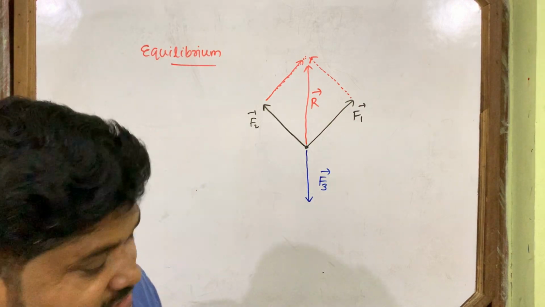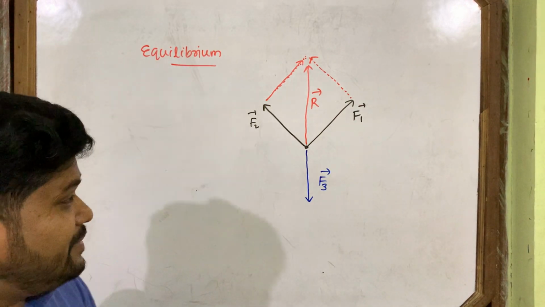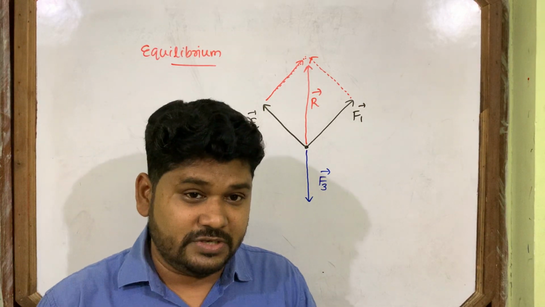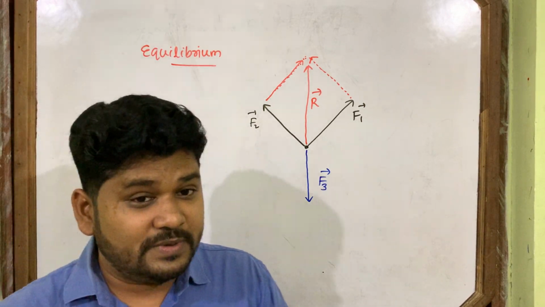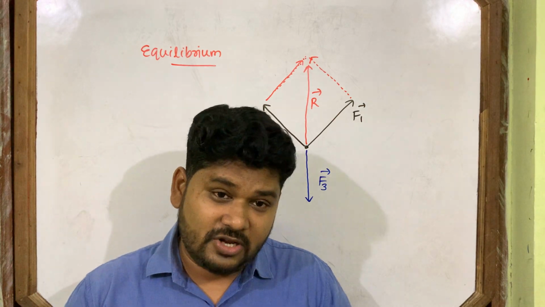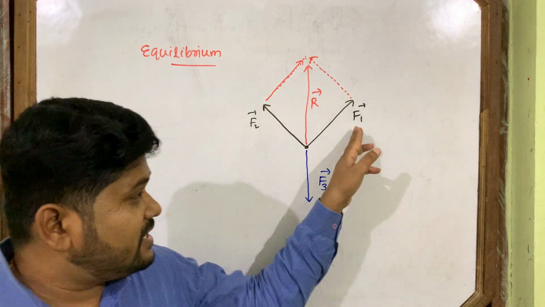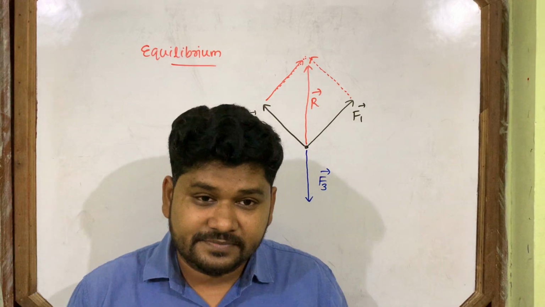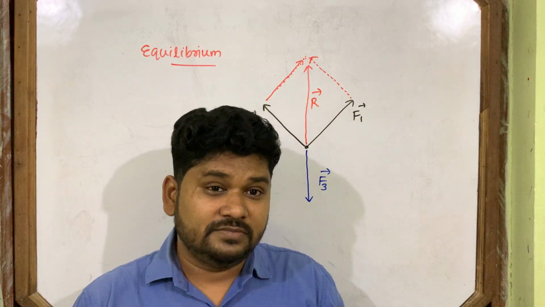So this is about the minimum 3 vectors that can cause equilibrium. If they are not coplanar, then equilibrium is not possible. They are already unequal. Suppose these 3 are not coplanar, equilibrium is not possible. Then what can you do?